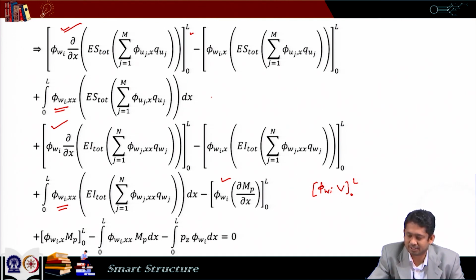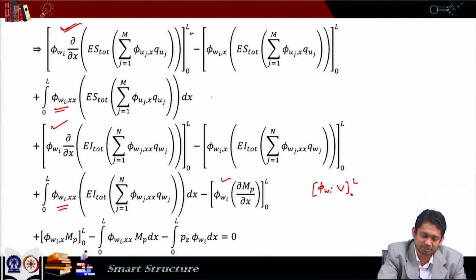So, they are 0 at x equal to 0 and at the other end there is no shear force. So, this is 0. So, we can get rid of this term and this term.